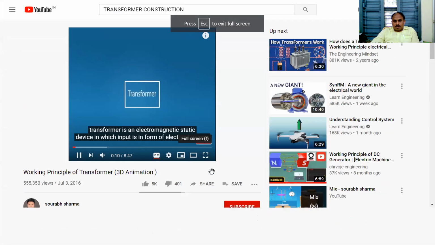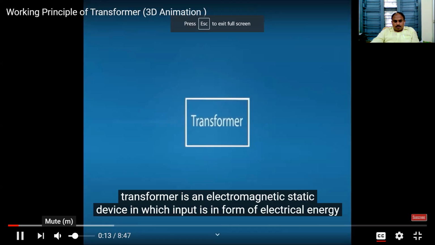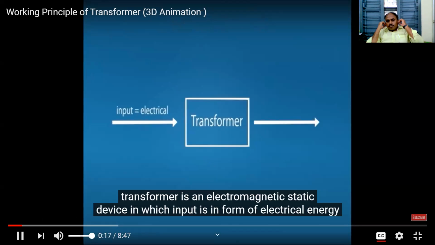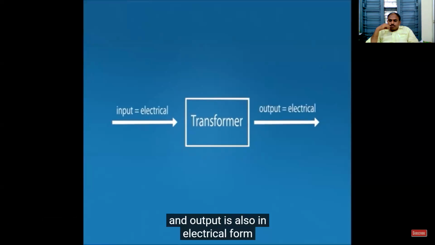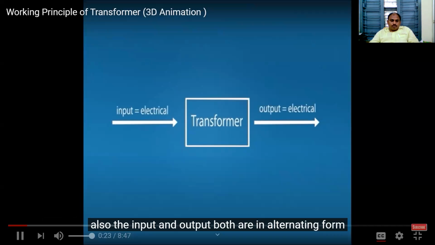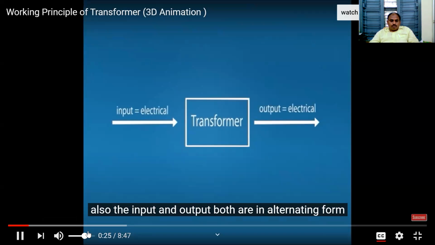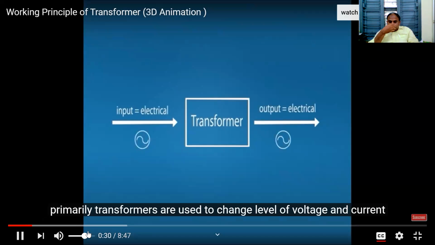A transformer is an electromagnetic static device in which input is in the form of electrical energy and output is also in electrical form. Also, the input and output are both alternating. Primarily, transformers are used to change the level of voltage and current.